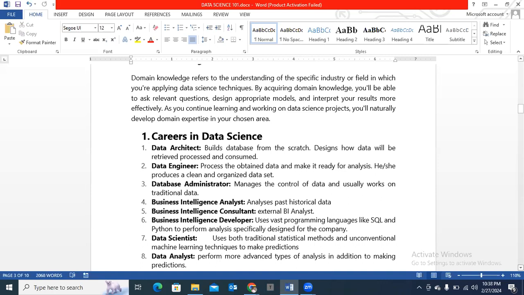Such a person may have a broader experience than a business intelligence analyst because he's working in different domains. Business intelligence developer, BI developer, uses vast programming languages. You see now, this person needs a programming skill like SQL, Python to perform analysis specifically designed for the company.